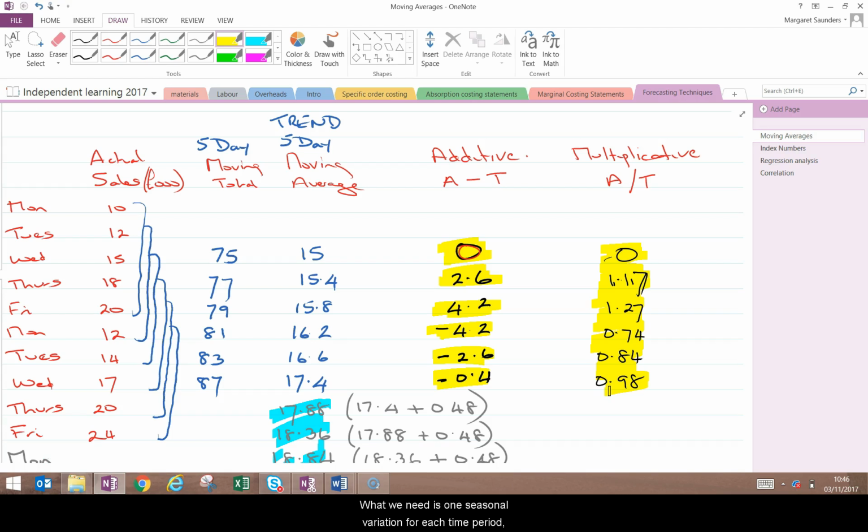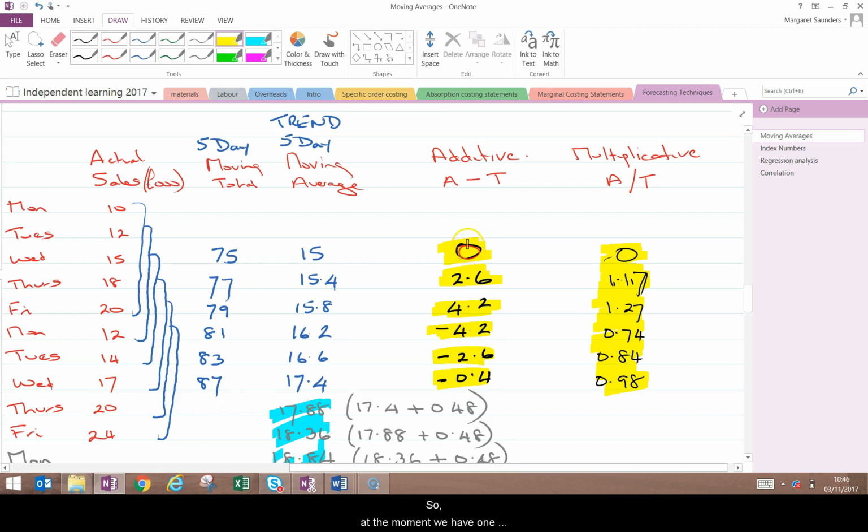What we need is one seasonal variation for each time period. So let's just now concentrate on the additive model. So on Wednesday, the seasonal variation is 0. We've got a seasonal variation for Thursday, we have one for Friday, one for Monday, one for Tuesday, and one for Wednesday again.